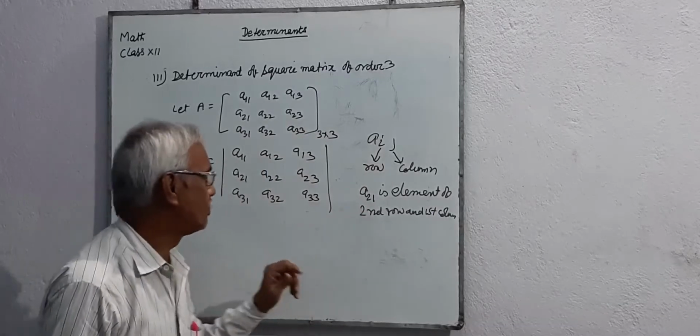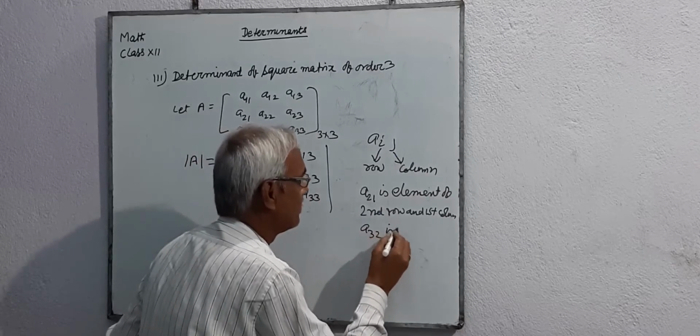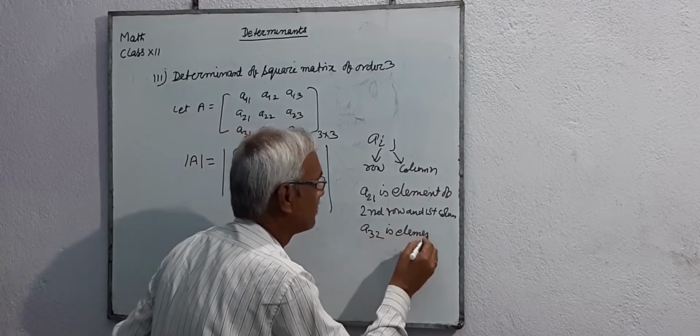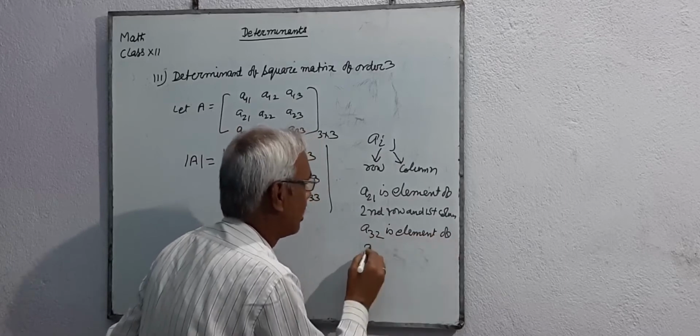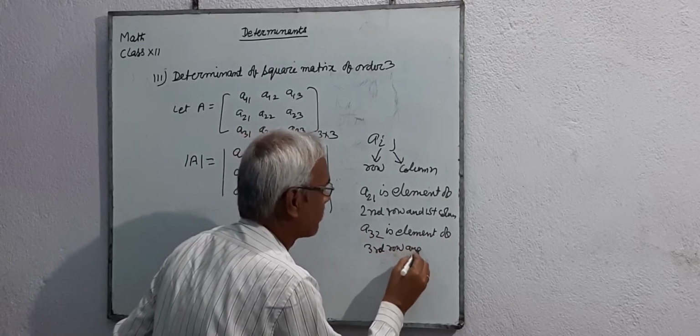Similarly, A32 is the element of the third row and second column.